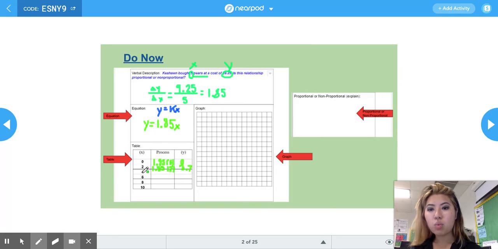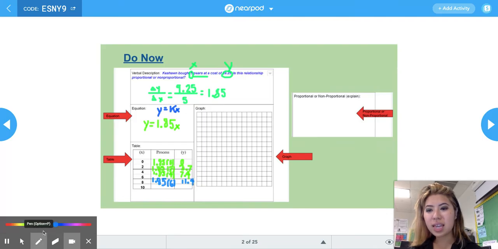Then I have 1.85 times 4, and that is going to be 7.4. I know I'm writing over the boxes, but the table is quite small. Then when x is 6, I'm multiplying 1.85 times 6, and that is going to be 11.1.